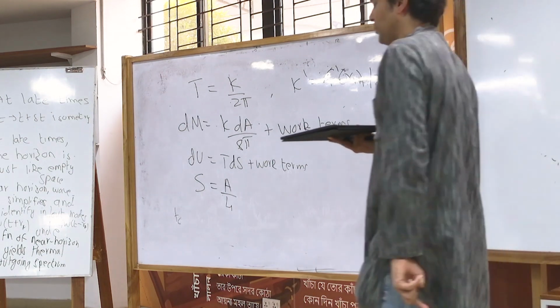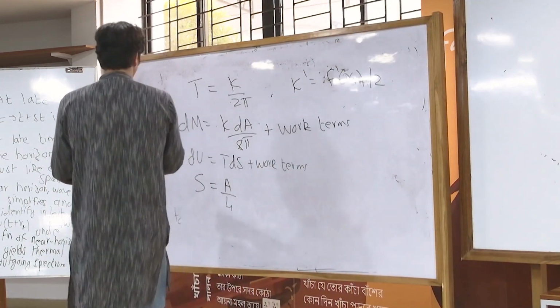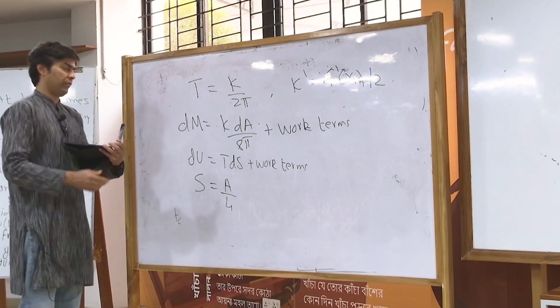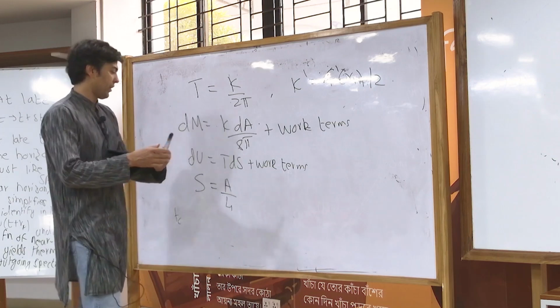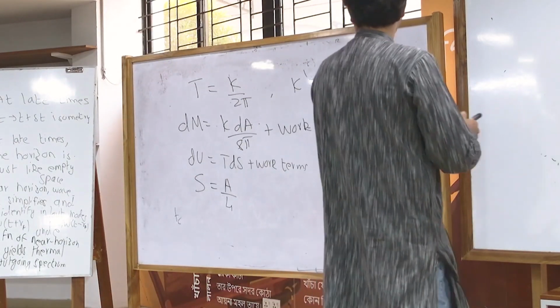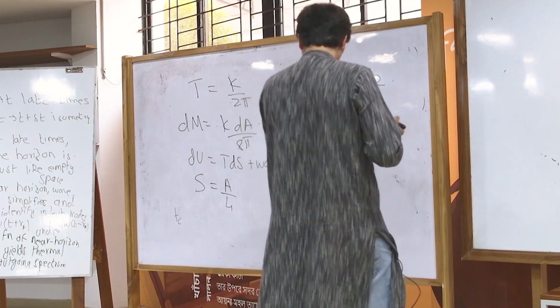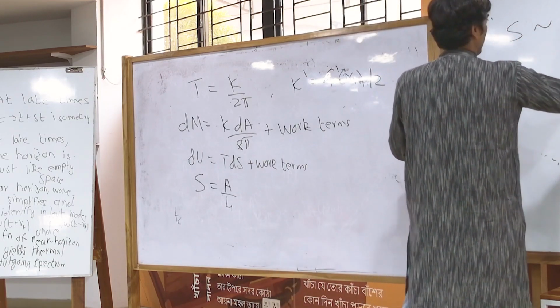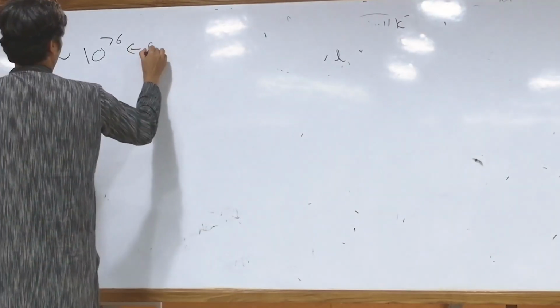I think Ashok might have more to say about the microscopic counting of this entropy of black holes. But let me say something about numbers, since that was one of the questions that was asked. You could ask, well, for astrophysical black holes, what are these numbers like? Well, I have one number in my notes, but not the temperature. For instance, for the sun, S is 10 to the power 76.